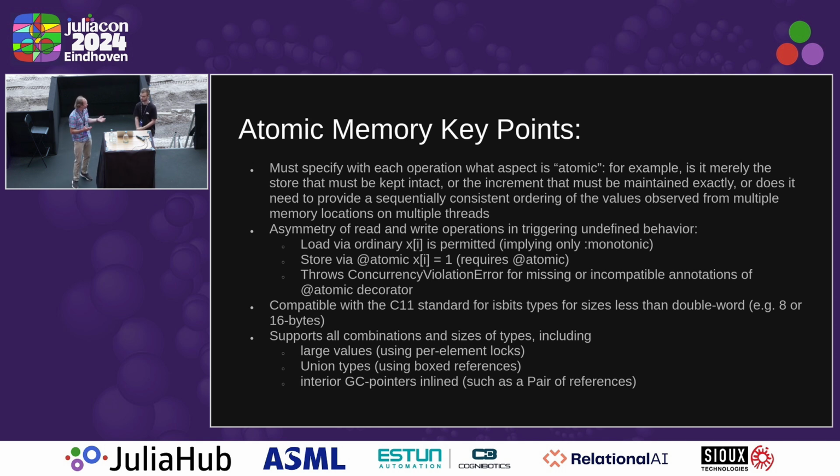And finally, I think just another big point here is that Julia wants to make things easy so that you don't have to code differently depending on the properties of the object that you're trying to put in there. So this works regardless of the size of the object, whether it's abstract or concrete, whether it's a union type, and even if there are interior pointers. So if you're just wrapping an object in a singleton tuple, we don't have to allocate the singleton tuple. Same with the field of a struct.